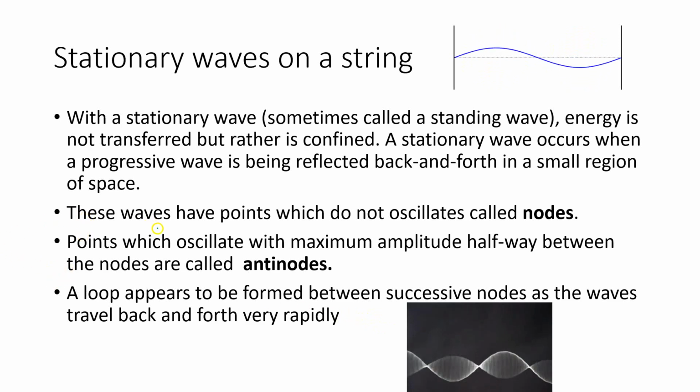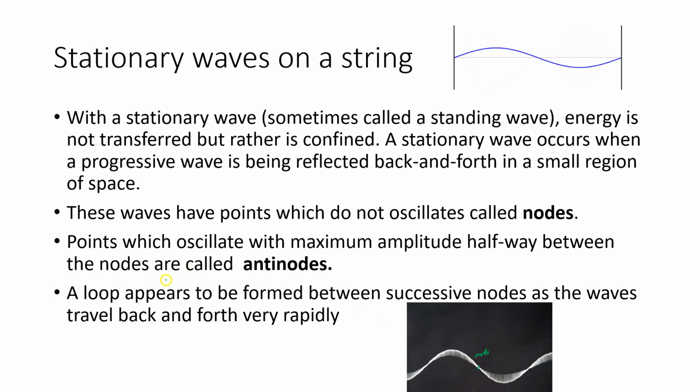Now it says that these waves have points which do not oscillate. So like right here, at this point the wave doesn't oscillate. We call that a node, the point where no oscillation is taking place.